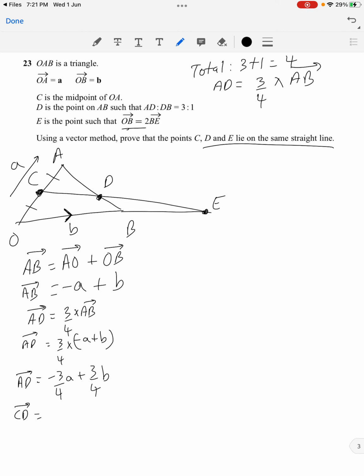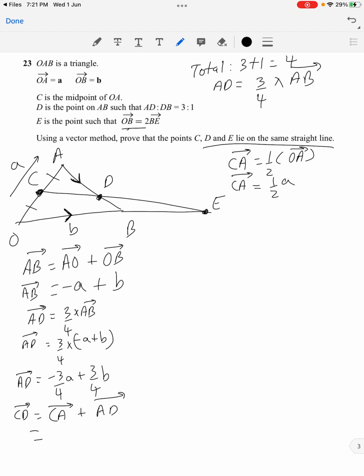We know that CA must definitely be half of the vector OA. So CA is half of a, since it's a positive direction in the front. So we know what CA is now. Once we know CA, in order to find CD, you're just going to go from CA to AD. That's it.